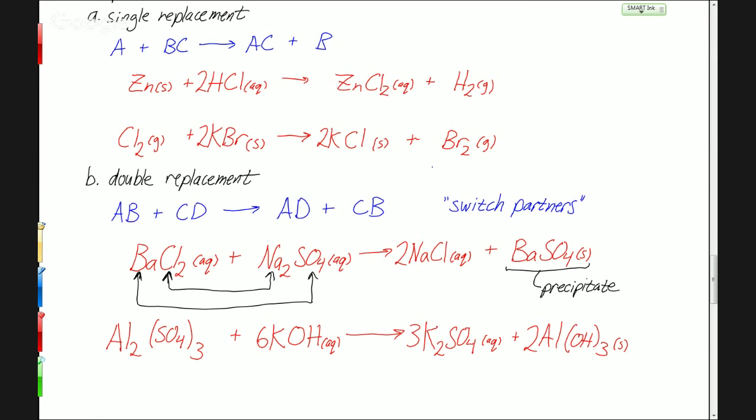And the last category, what was my number on here? 2, 3, so this would be 4. Combustion reactions. What do you think combustion means? Have you heard that word before? What does it refer to? Burning, flames, yeah.